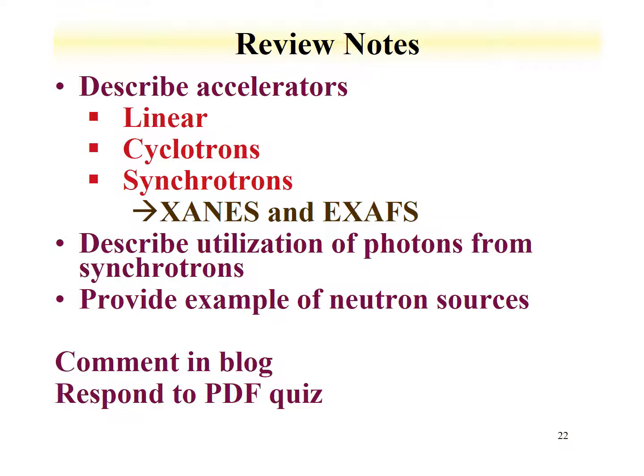Then we talked about a specific example of synchrotrons, where the particle being accelerated is an electron, and as opposed to the linear accelerator and the cyclotron, where we're interested in the particles being used for nuclear reactions, here we're interested in the light that comes off. We gave an example of how one could use that for spectroscopic tools to determine something about speciation and coordination chemistry through XANES and XAFS.